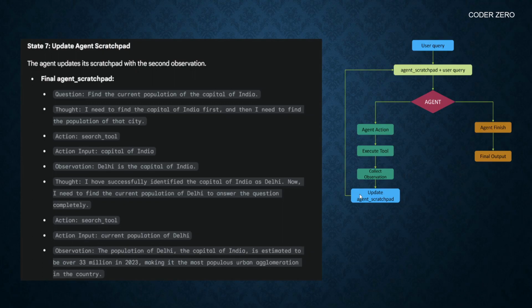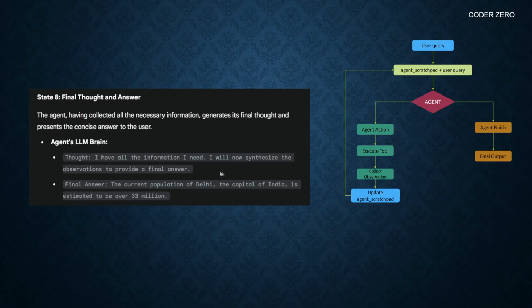Now we give this scratchpad plus user query to the agent. Now the agent has everything, and the thought is: I have all the information I need. I will now synthesize the observations to provide a final answer. The final answer will be: the current population of Delhi, the capital of India, is estimated to be over 33 million. So this is how this ReAct framework works.